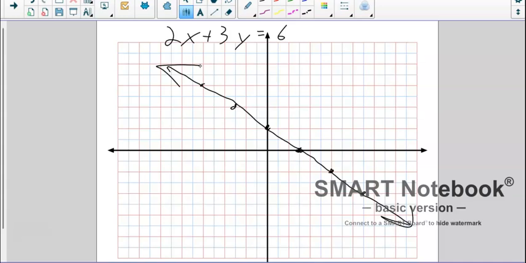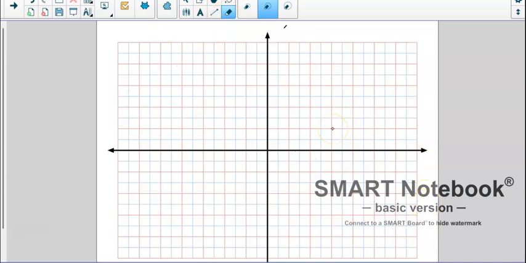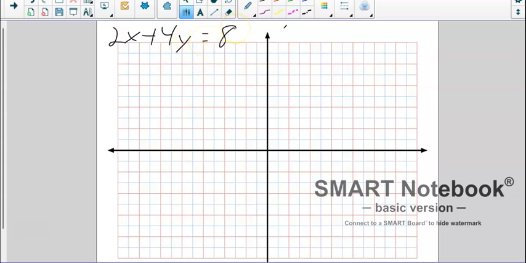Okay? Let's try a couple more of these. 2x plus 4y equals 8. Now, again, we look and see at 2 and 4 both going to 8, we're good to go.